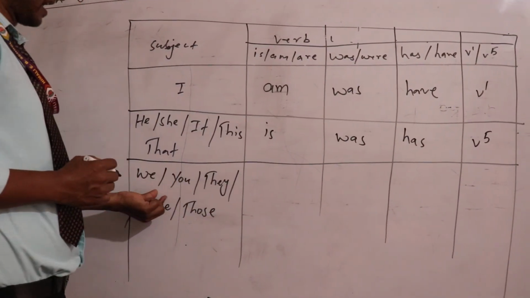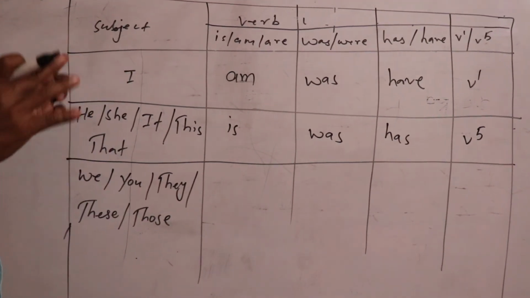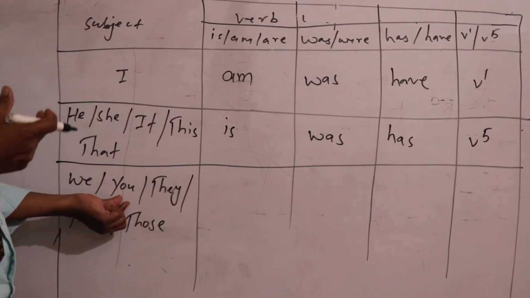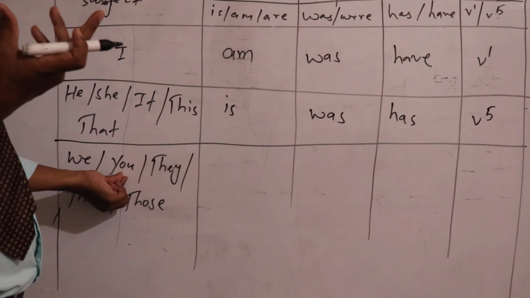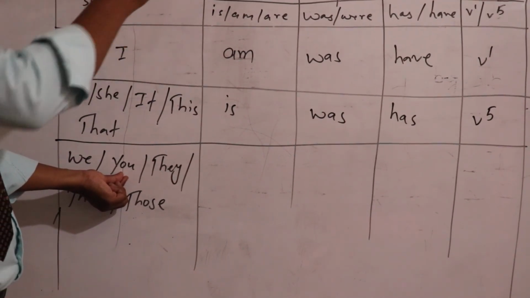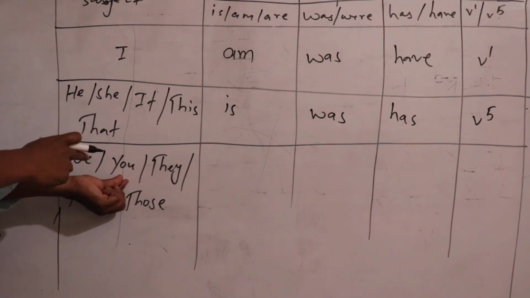Are. Because these are plural subjects. We means not a single person. We means many. You means also many. You can be used as singular as well as plural, but in subject-verb agreement, we use a plural verb with the subject you.